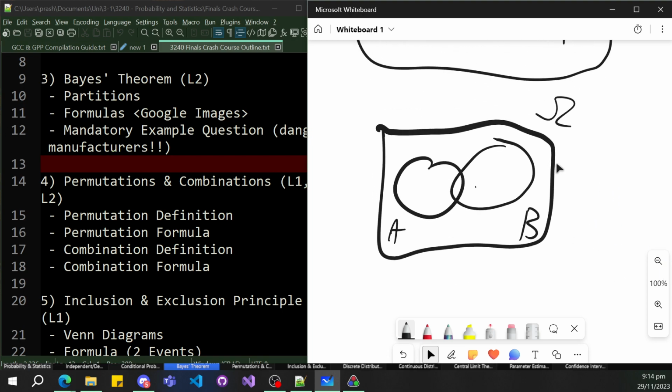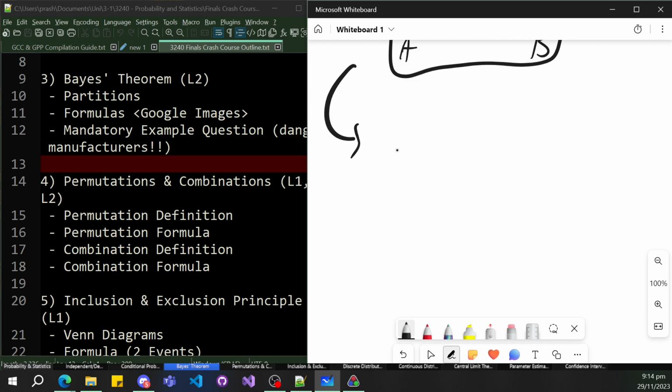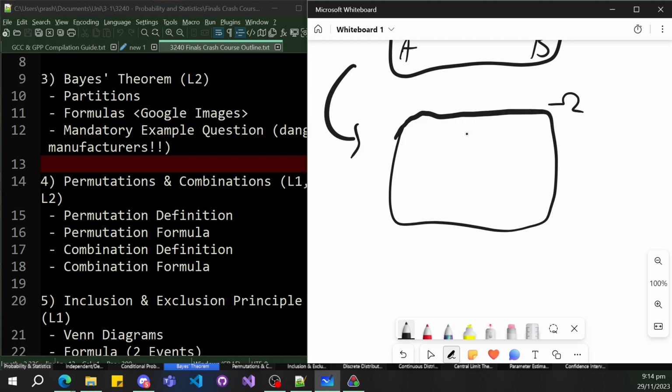Taking this scenario and redrawing it in a certain way will give us this. We've got our sample space, as always, but we split apart the sample space into B and B complement.